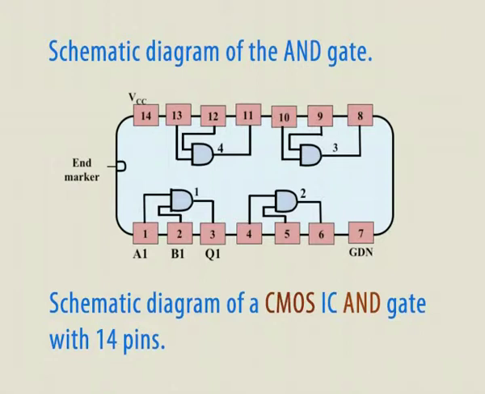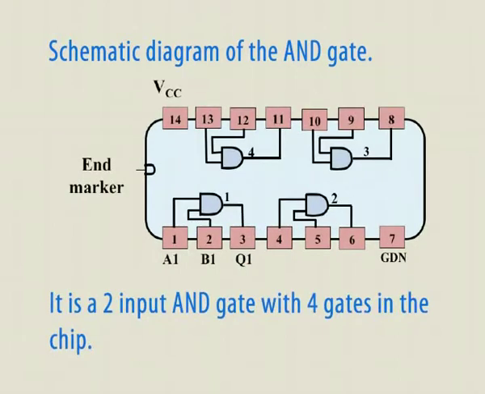The diagram on your screen shows a schematic diagram of a CMOS IC AND gate with 14 pins. It is a 2-input AND gate with 4 gates in the chip.